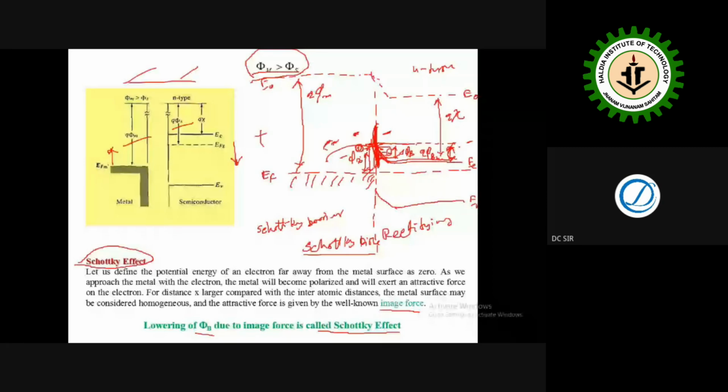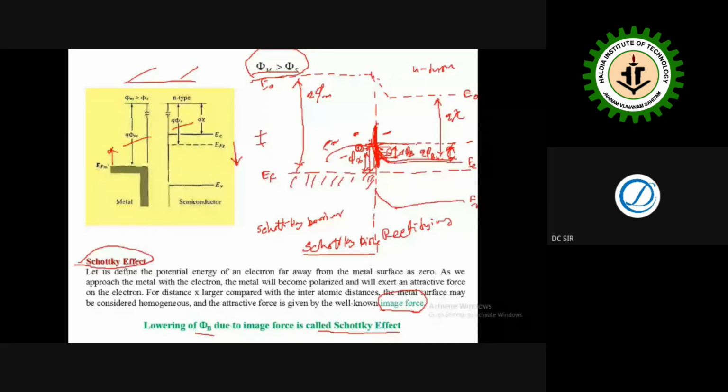Also, when we apply the forward bias, the barrier is minimized or decreased. Again, due to the higher concentration of electrons at the surface of the metal side, an image force appears. Why image force?